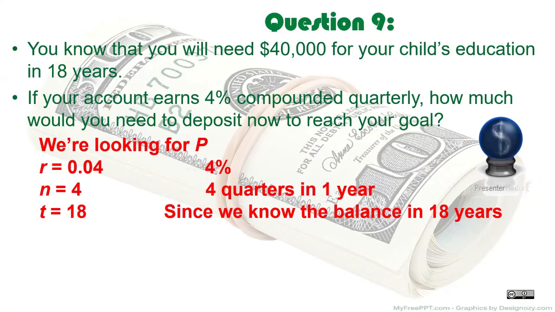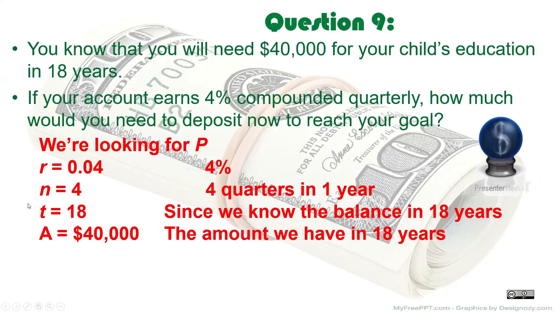Our time is 18, since we know the balance in 18 years. And A, the accumulated amount, is the amount we will have in 18 years. So this is what we were looking for.